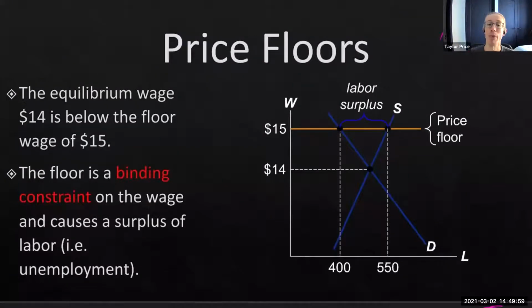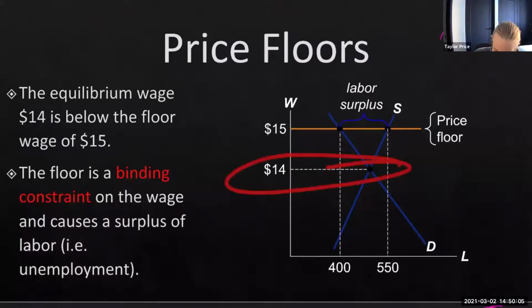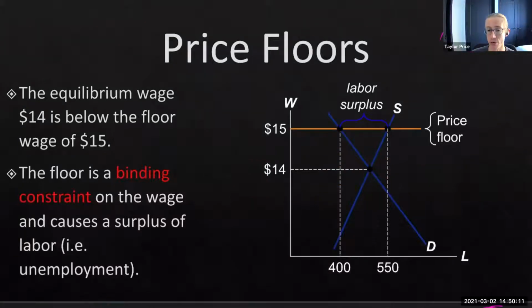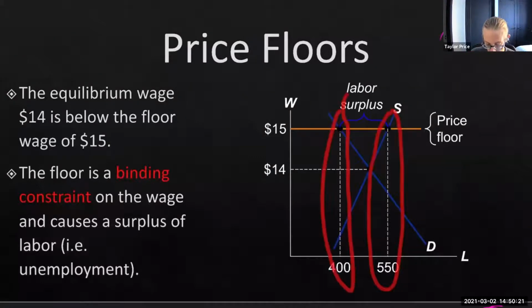if we have a binding price floor, that is going to be above the equilibrium wage. So effectively what's happening here is that the new wage is going to be $15, where the old wage was $14. That creates a difference between the quantity supplied and quantity demanded.